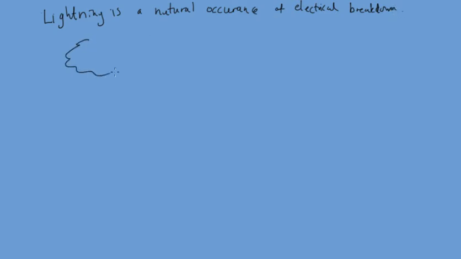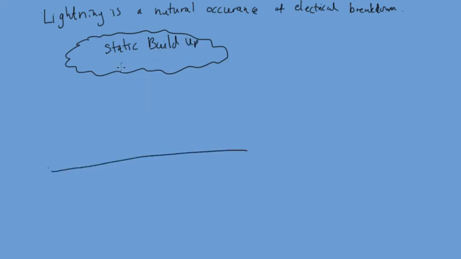So imagine we've got a cloud here and you've got static build-up. And here's the ground down here. You've got a potential difference here. Now air is an insulator. But when the voltage in the static build-up becomes so high, we will see lightning.